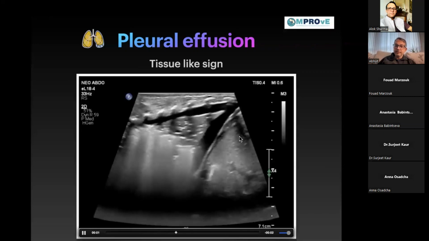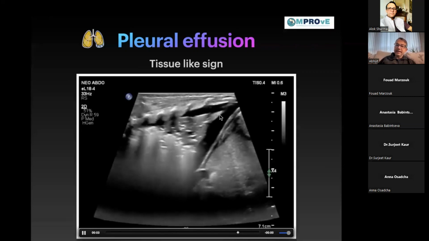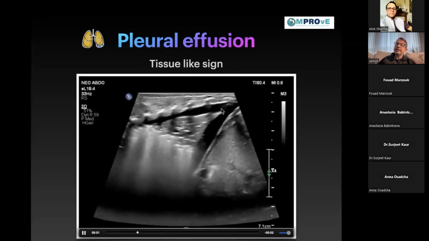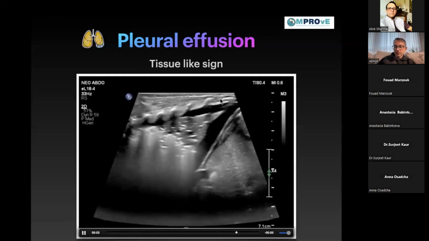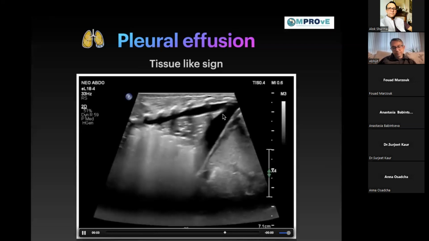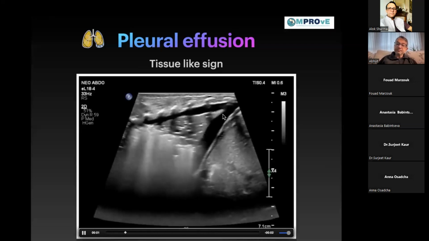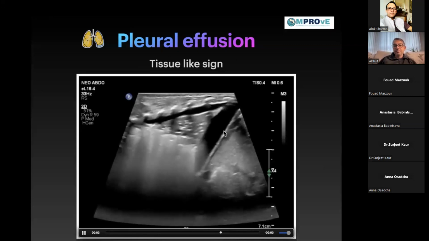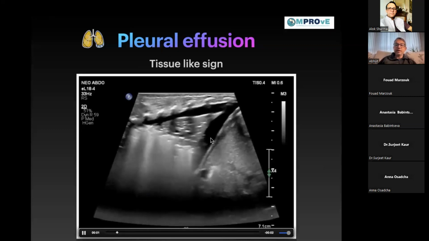If you're focusing only on this part, that's what constitutes the curtain sign as well. It comes into your field of view when you are scanning the baby, and it goes out of the view. Once it moves in and out, that particular sign is called the curtain sign. So it depends on which segment of the pathology you are looking at.